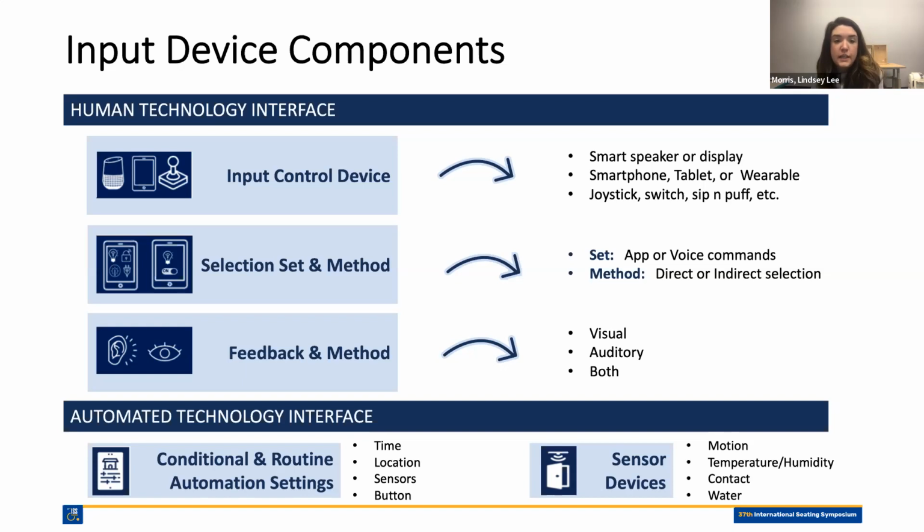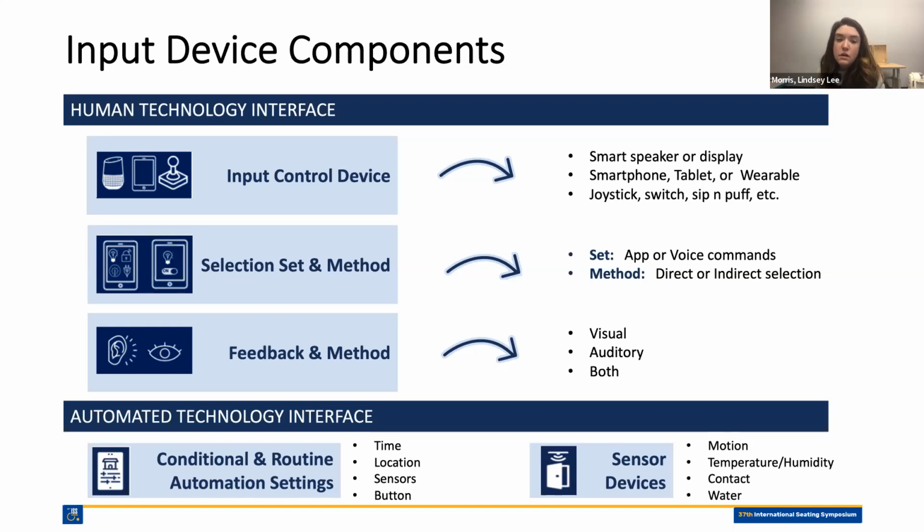Next, you're going to have the selection set and method. The set would be either the smart home ecosystem's app or voice commands coming from a digital assistant if you're using a smart speaker or display to control the devices by voice.